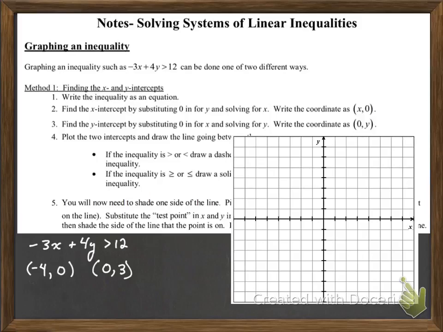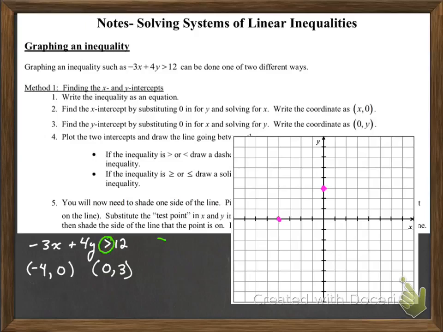First thing we'll do is come over here, plot negative 4, 0, and then 0, 3. And when graphing lines, all you need is 2 points, and that's what we have here. Now, the other thing to take into consideration is going to be this inequality.